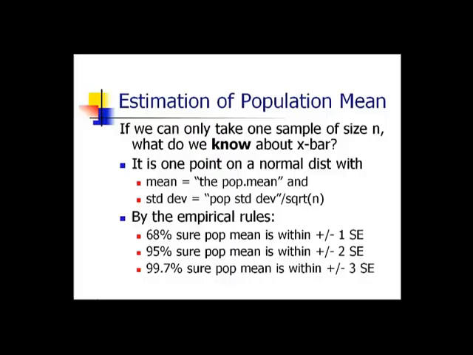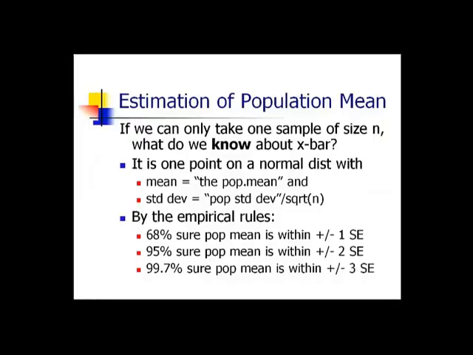And that's really the crux of the issue in trying to come up with a confidence interval. Because if I'm 95% sure my sample is within plus or minus 2 standard errors from the population mean, that means I'm 95% sure that the population mean is within plus or minus 2 standard errors of my sample mean.